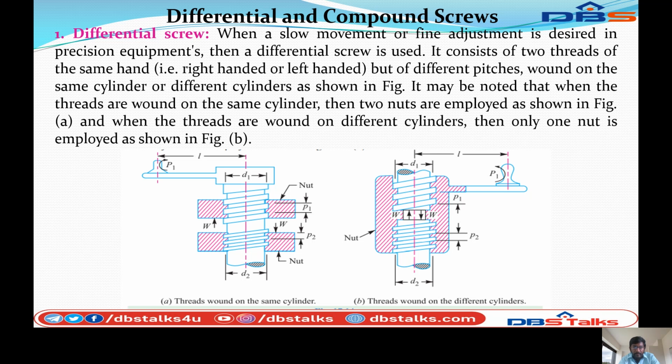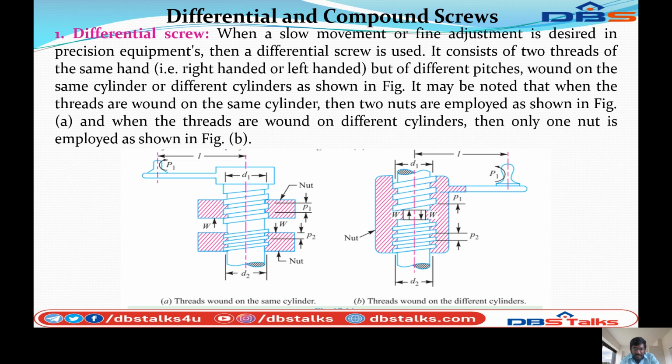Now you can see figure B, threads wound on different cylinders. It has one single nut, but two different cylinders are applied. D1 is the inside diameter of the nut and D2 is the outside diameter of the nut. The hatched length indicates the nut. Weight W is the force applied from the load.